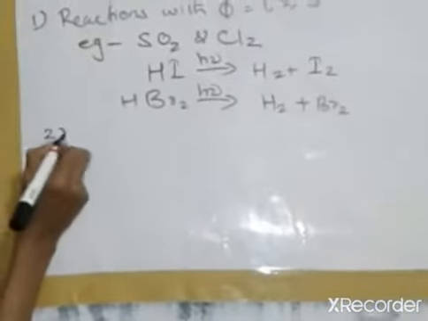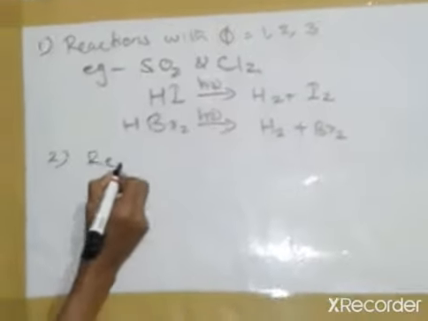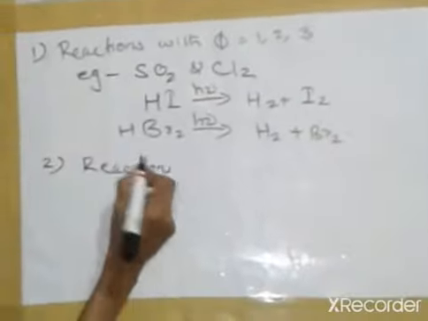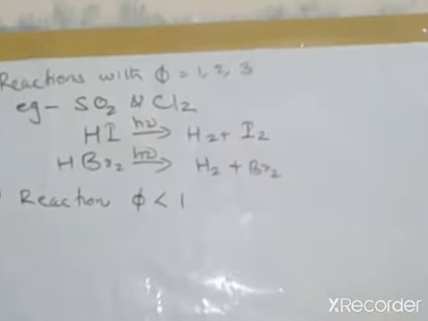The second type of reaction is reactions having phi less than 1.